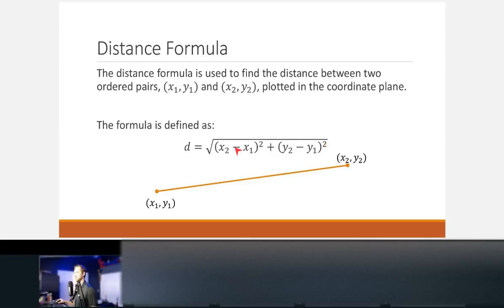Take note that we are subtracting the x values, squaring them, subtracting the y values, squaring them, but then you have to add them. So make sure you have these written down, the midpoint formula and the distance formula.